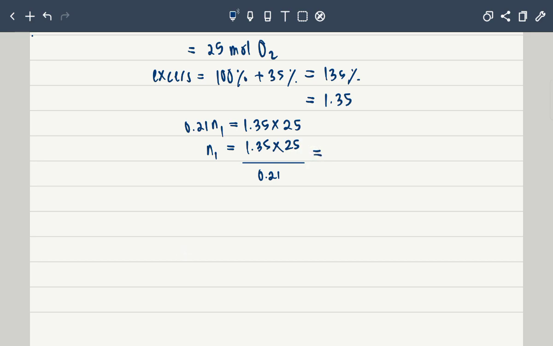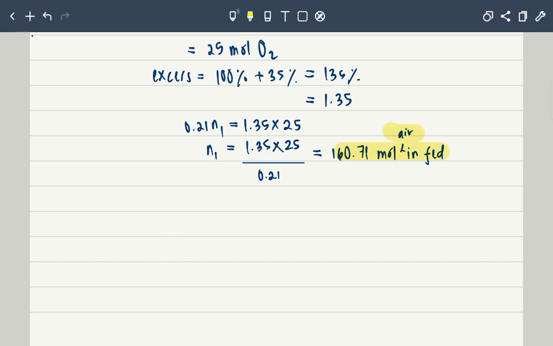So you get 160.71 mole of air. Oh, sebelum tu tertinggal mole air in fact. Okay, mantap.